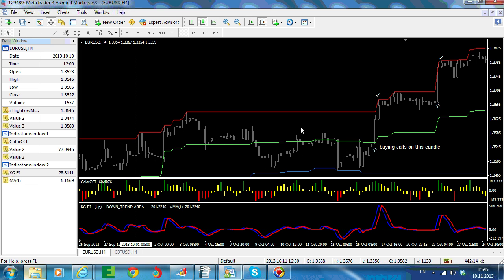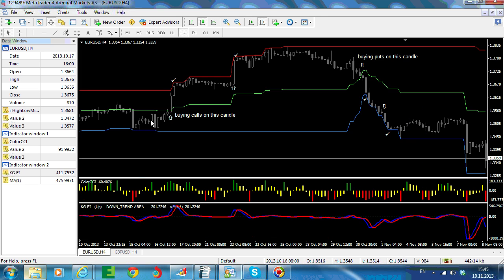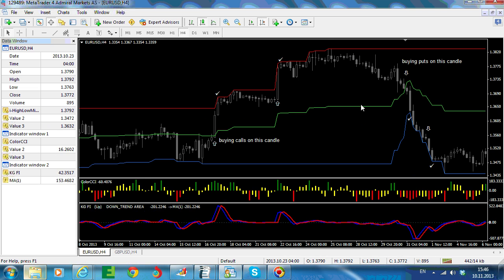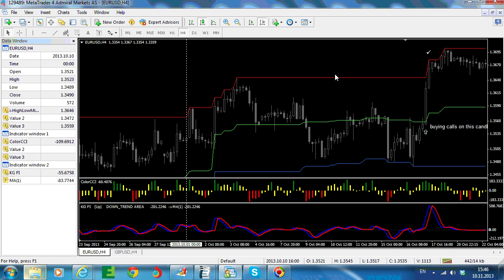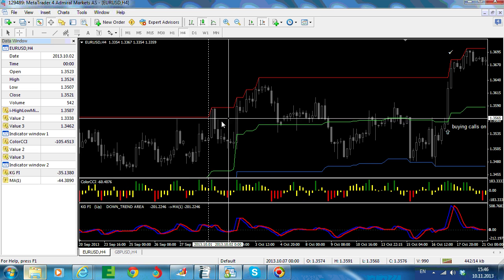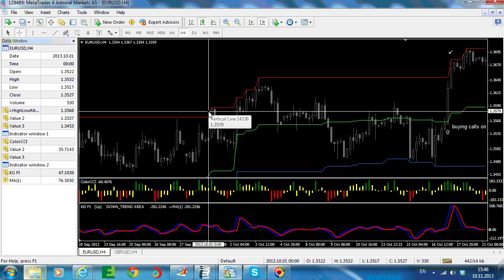So let's start with the euro dollar. We have a couple of signals while we've looked so far in the description for the strategy, but let's start with the beginning of October. And as you very well know, this system goes by identifying possible buying calls or buying puts scenarios on the 4-hour chart.